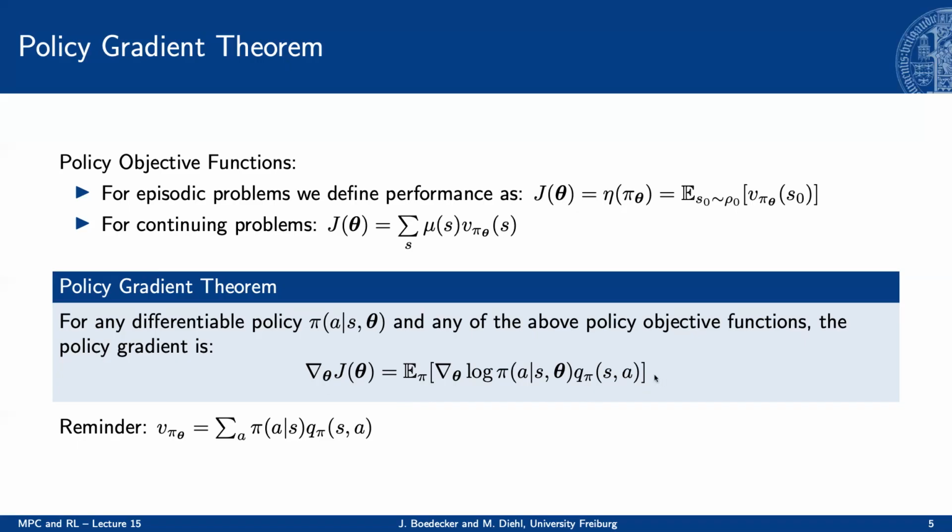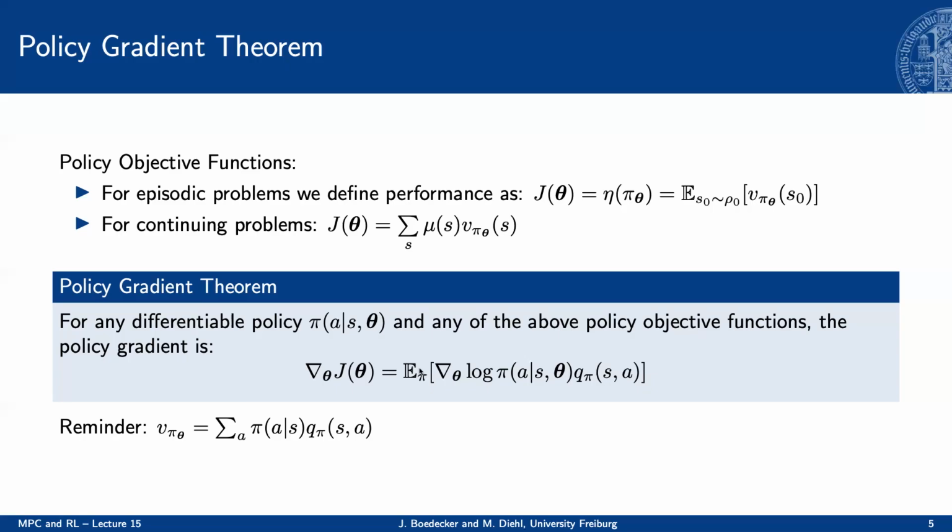So that's actually a nice result, because in principle, the problem is that we can't really compute this expectation, right? Because we have a differentiable policy, so we can actually figure out how does the distribution of actions change when we change our policy parameters, the action selection part.